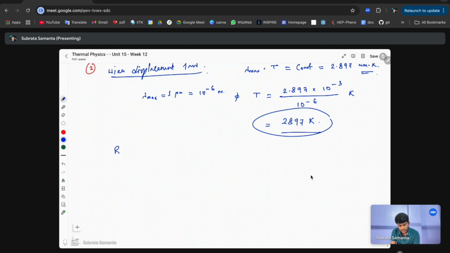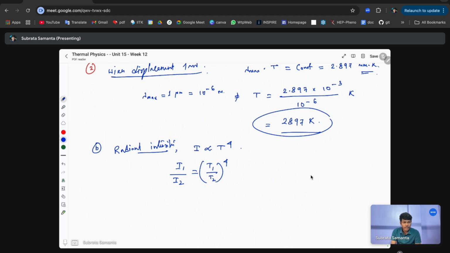So in the second part, the radiant intensity I is proportional to T to the power 4. So I1 over I2 is T1 over T2, to the power 4.